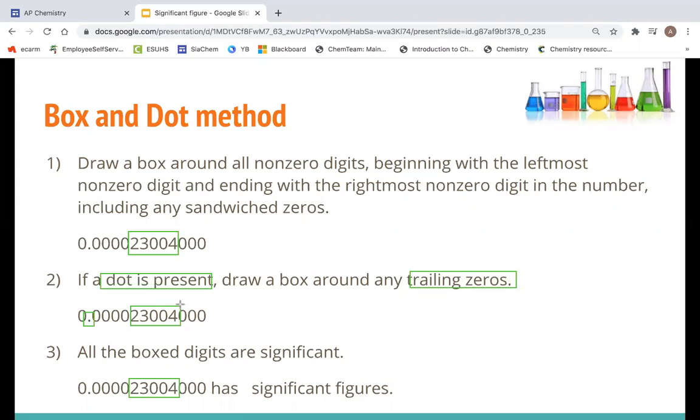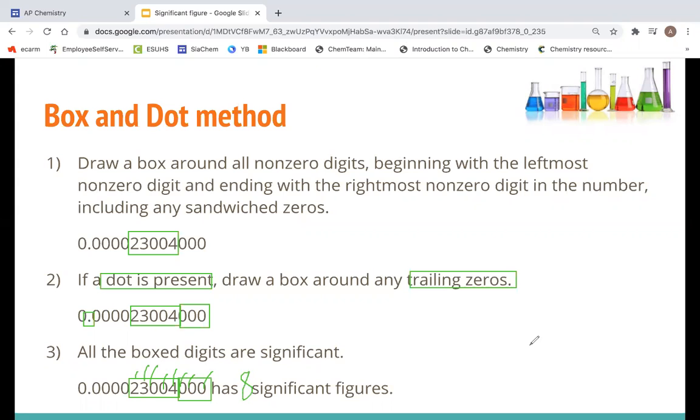So I can draw it around these. That means now all the boxed digits count. So now I'm going to count them. 1, 2, 3, 4, 5, 6, 7, 8. So this is 8 significant figures.